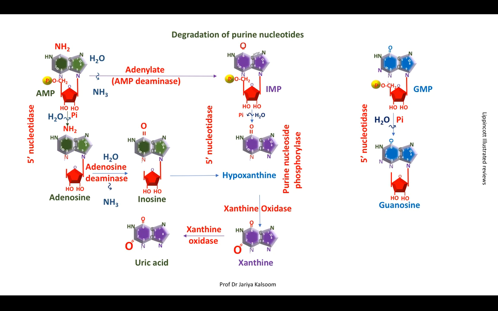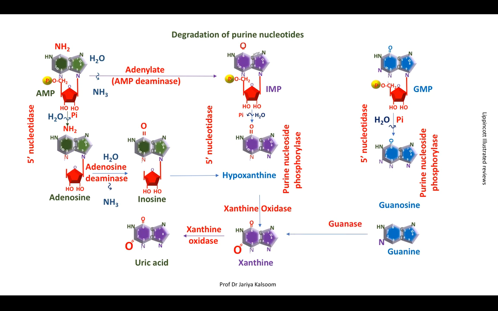Now we need to remove the sugar. So in the presence of purine nucleoside phosphorylase, sugar is going to be removed and guanosine is converted to guanine. Now guanine in the presence of guanase is going to be converted to xanthine after removal of the amino group.